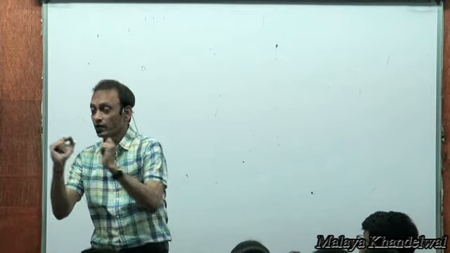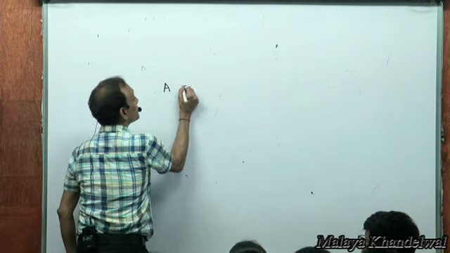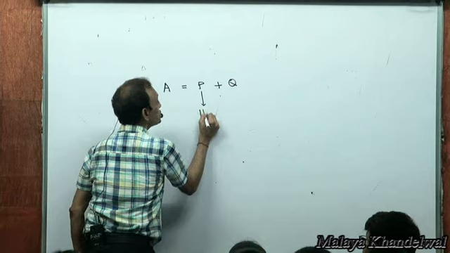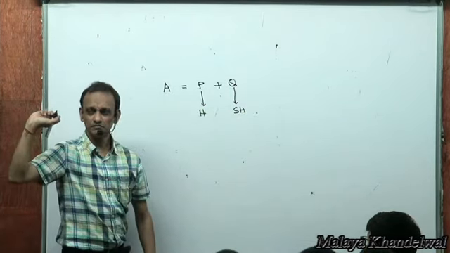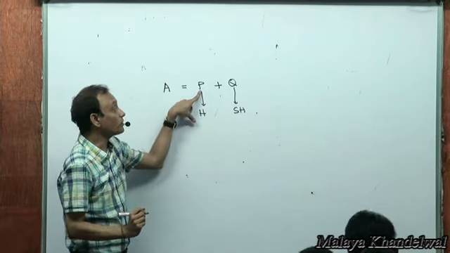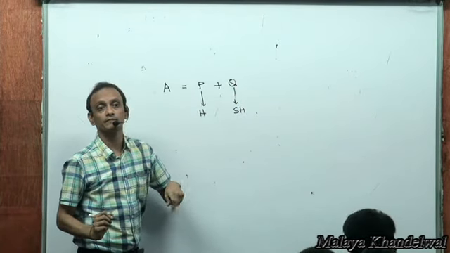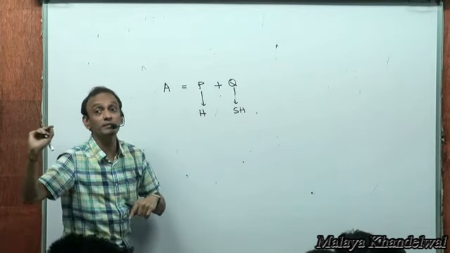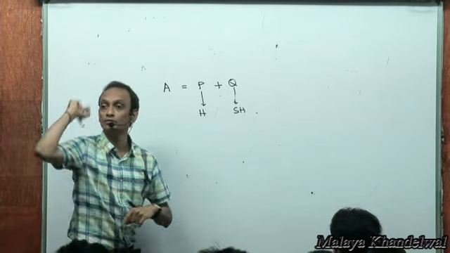Now I go on to say that every matrix A can be looked upon also as a sum of a Hermitian and a skew Hermitian matrix. You should establish this yourself. Think about it.